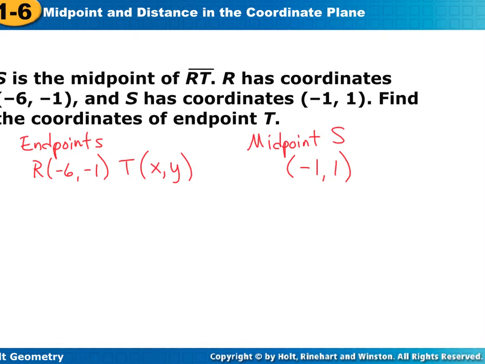Average the x's of the endpoints to get the x of the midpoint. Average the y's of the endpoints to get the y of the midpoint. So, 2 problems. Multiply by 2 on each side, we get rid of the fraction.